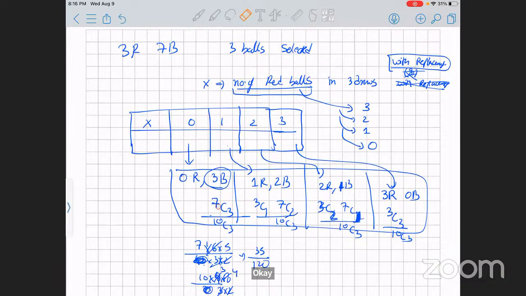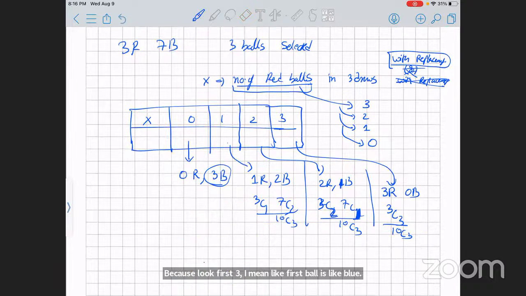Understand this carefully. You have to be careful with this one by one, because look, the first ball is blue. First ball is blue means 7C1.